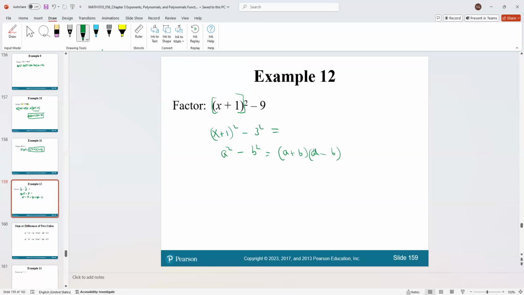So here, a for us is the whole thing, x plus 1, plus 3, and x plus 1 minus 3. So if you simplify, it's going to be x plus 4, x minus 2. That will be the final answer.